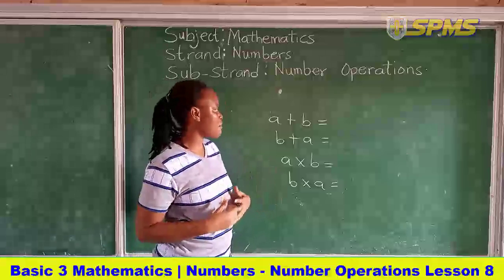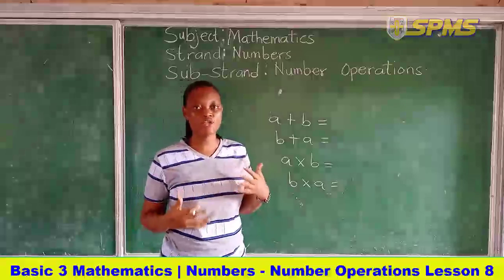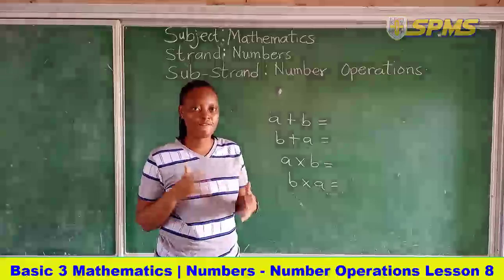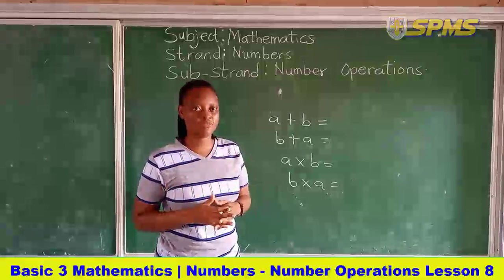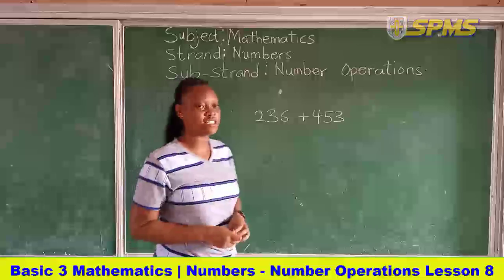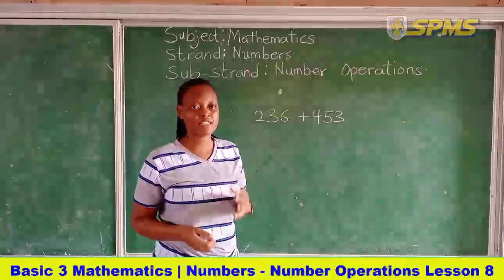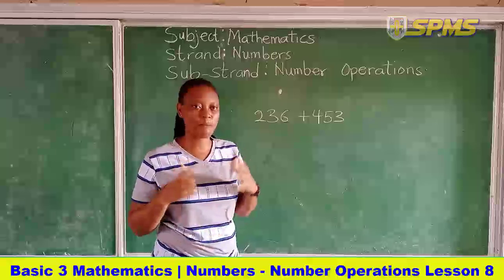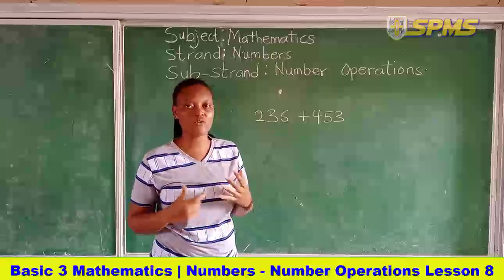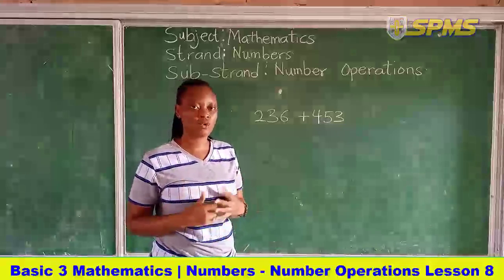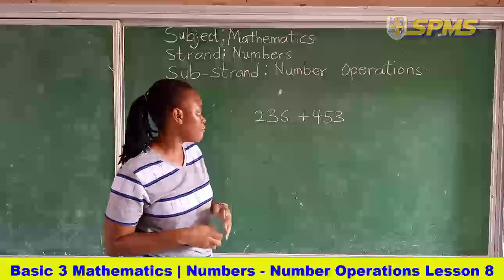Now let us put numbers in and solve them to see if we get the same answer for the exchange. We have this addition sentence on the board. Let us interchange the positions of the numbers, and then solve them to know if we have the same answer for both.